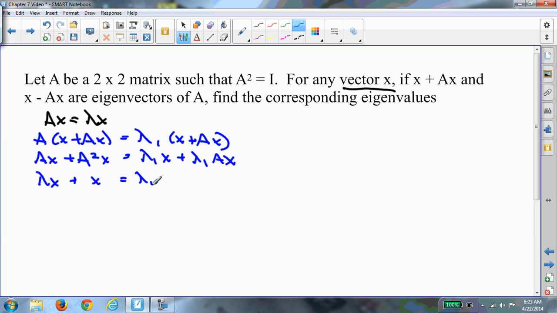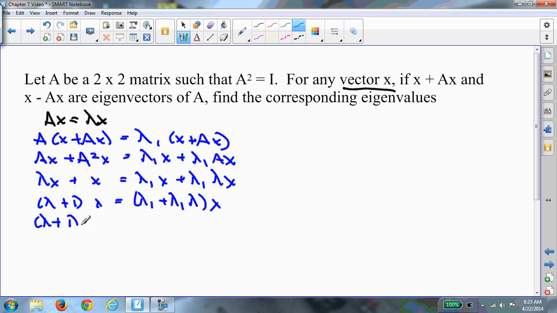Lambda 1 x plus lambda 1 lambda x. And now I just have an equation that I have to use to solve. So I get (lambda plus 1) x equals lambda 1 (1 plus lambda) x. But if these two equal each other and x is non-zero, that means that lambda 1 has to equal 1.